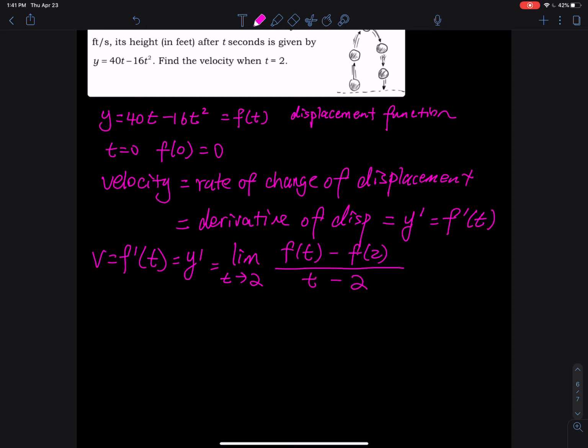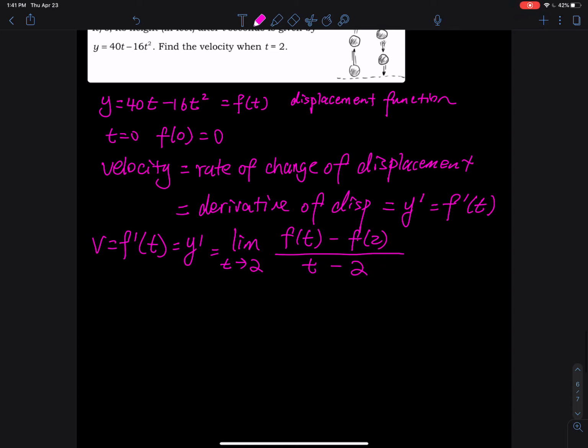So that's why you have f of t and t. And then the f of t is the given function. So that is the limit as t approaches 2 of 40t minus 16t squared, subtract f of 2, which is 40 times 2 minus 16 times 2 squared, divided by t minus 2.